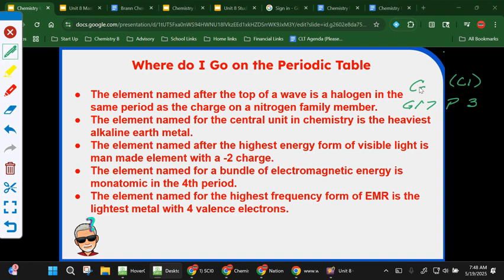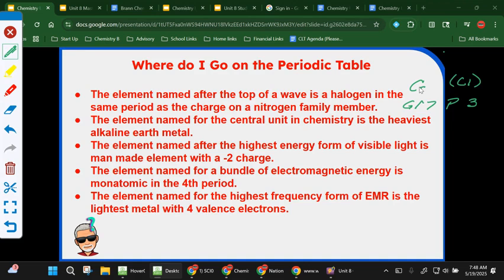Now, on your quiz on Friday, it's going to ask you to do these 3 things. Identify the element, identify the group, and identify the period. That is it. Those are the 3 things that you are going to have to do. Remember, the answer sheet on your test is a blank periodic table.